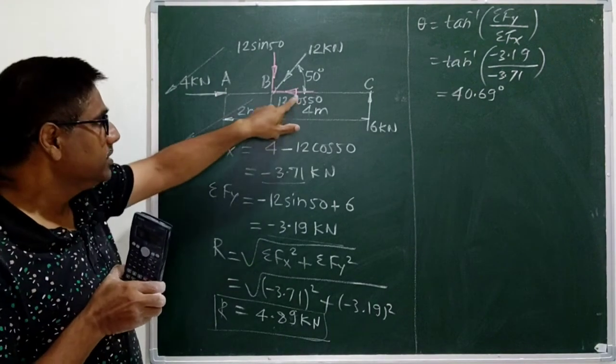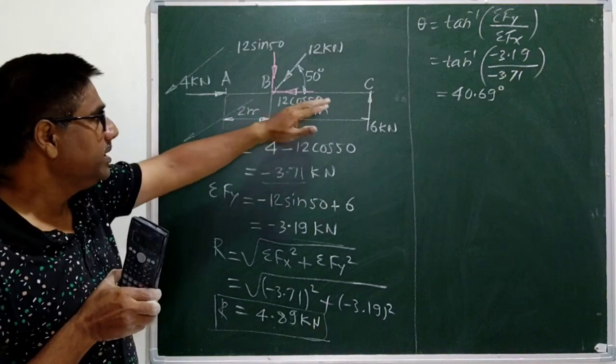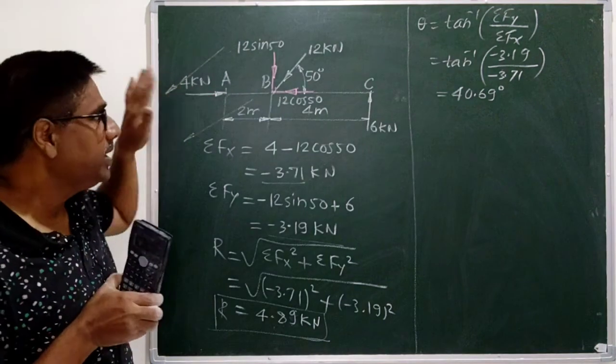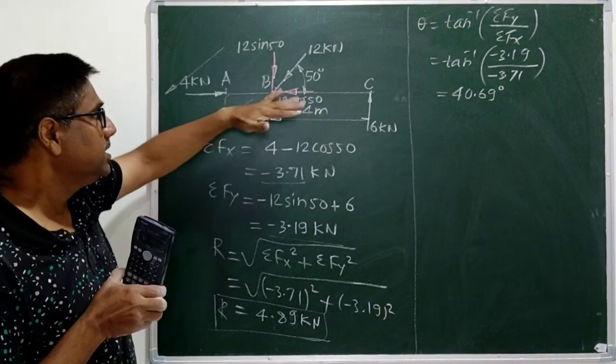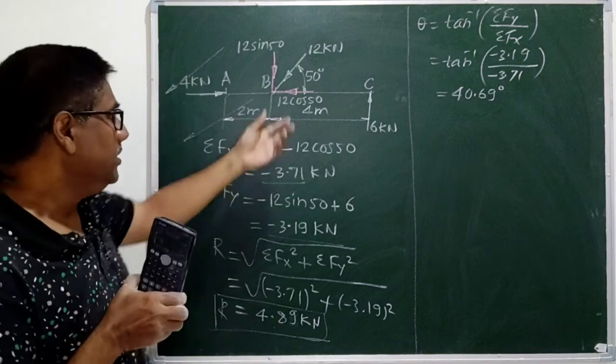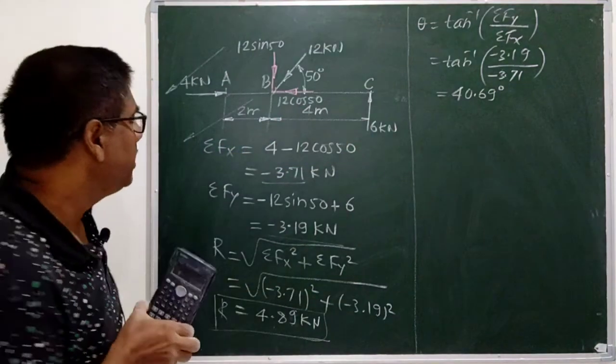It gives 0 moment for this x component also, because this 12 cos 50 component is passing through the point about which we are going to take moment. The distance between line of action of force and the point is 0. Therefore, this magnitude into distance 0 gives 0 moment.